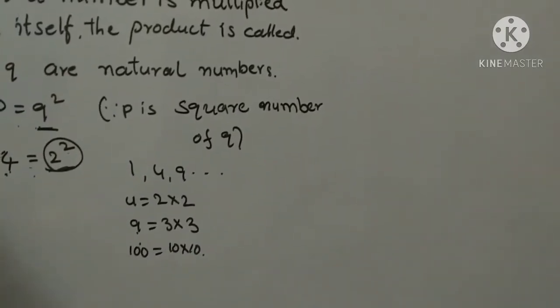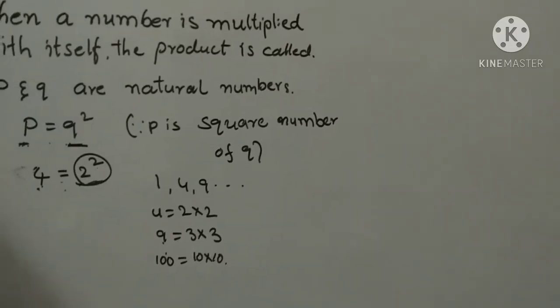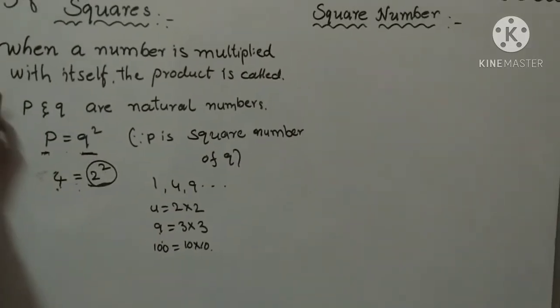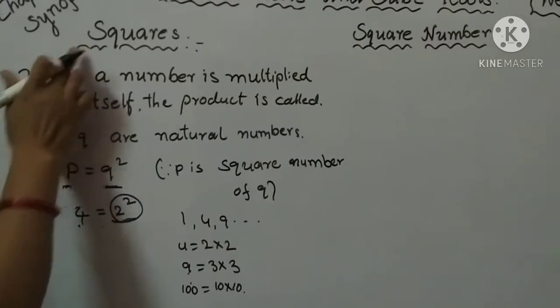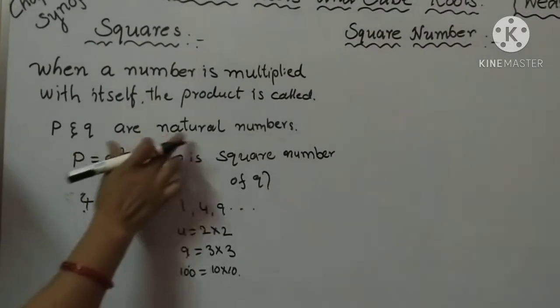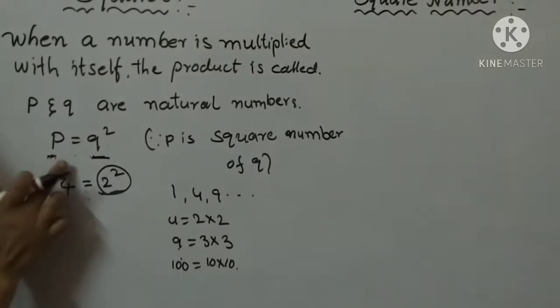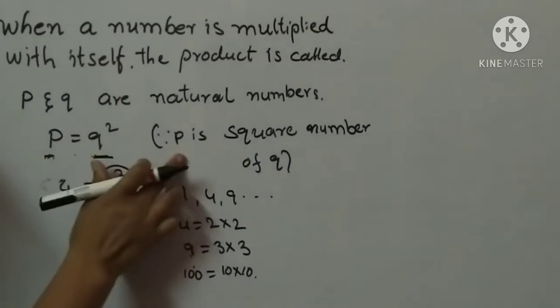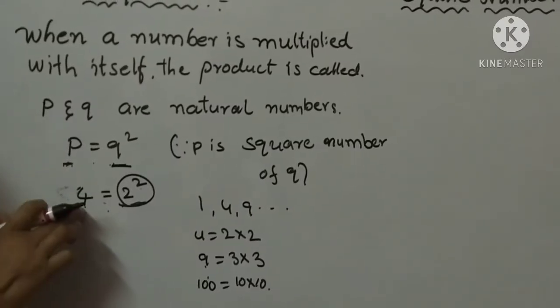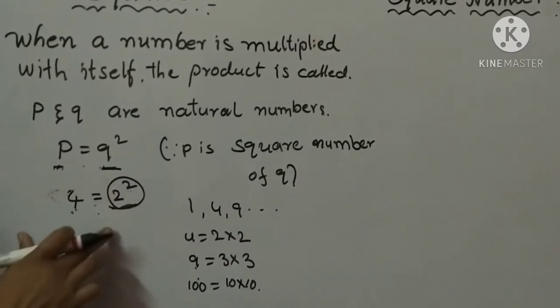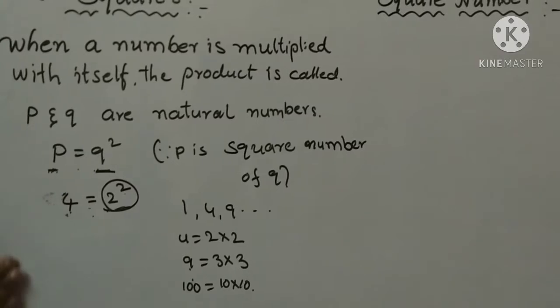What is a square? When a number is multiplied with itself, the product is called a square. For example, 4: 2 twos are 4, it is 2 square.